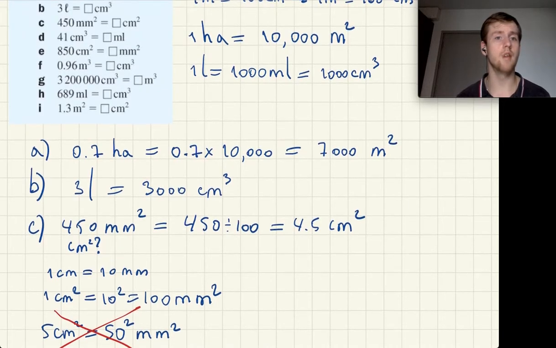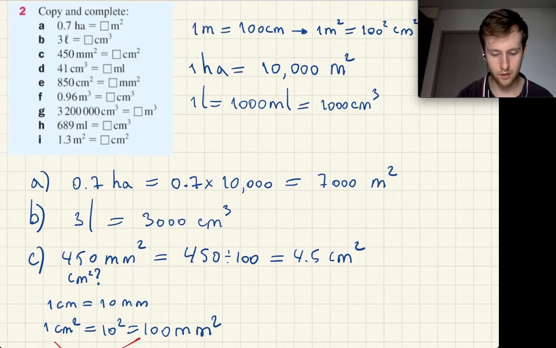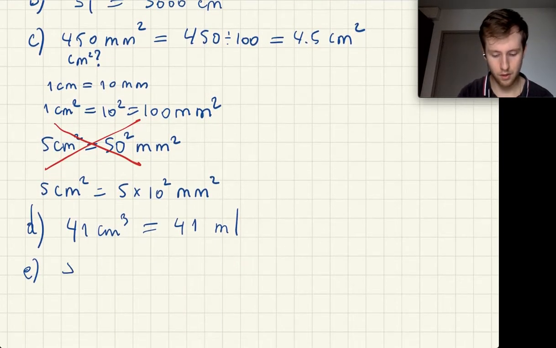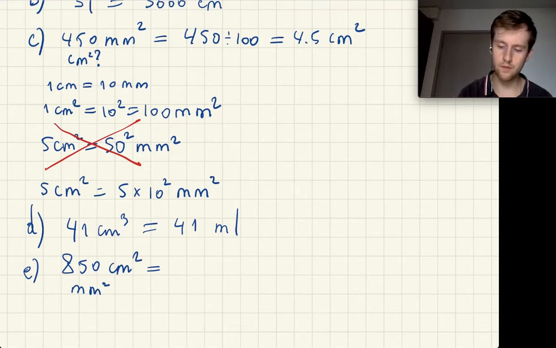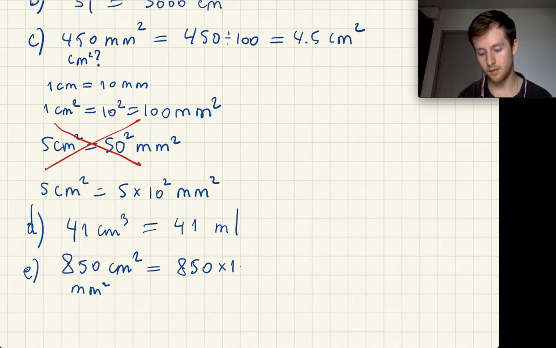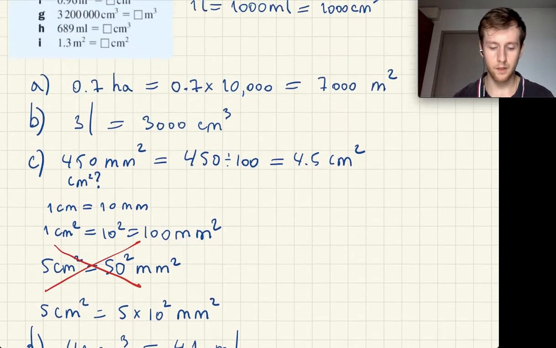Next one, we have 850 centimeters squared to millimeters squared. Remember, we just found out that 1 centimeter squared equals 100 millimeters squared. So that means that 850 centimeters squared equals 850 times 100, which would be equal to 85,000 millimeters squared. Like this.